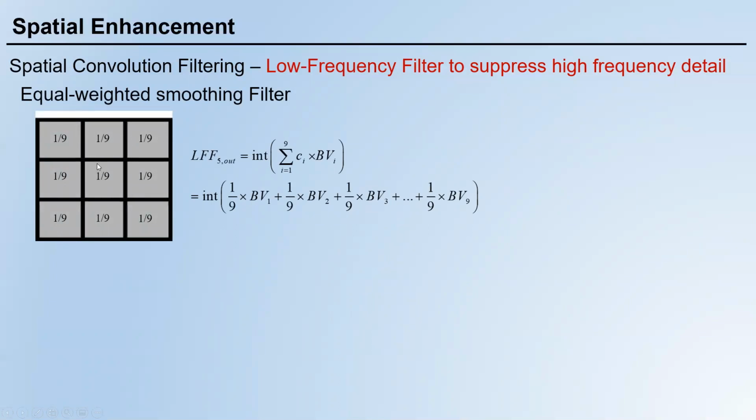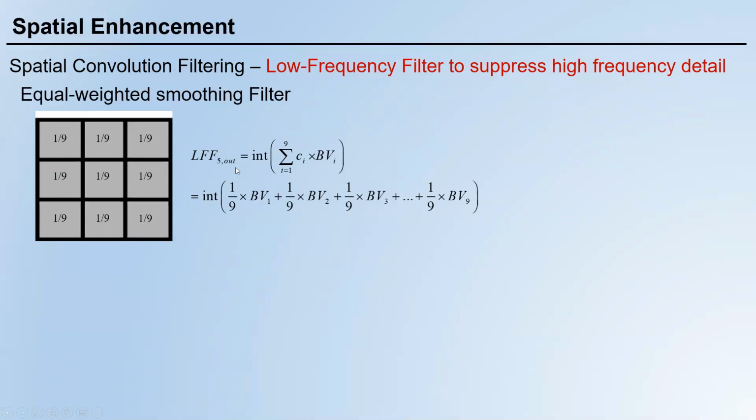It's a very typical simple 3x3 window, and the coefficient stays the same for all 9 pixels, which is 1/9. So what's the result of this? This is a mathematical mean. This filter is trying to find the mathematical mean of 9 pixels and assign that mean value to the central pixel. It's just that easy.